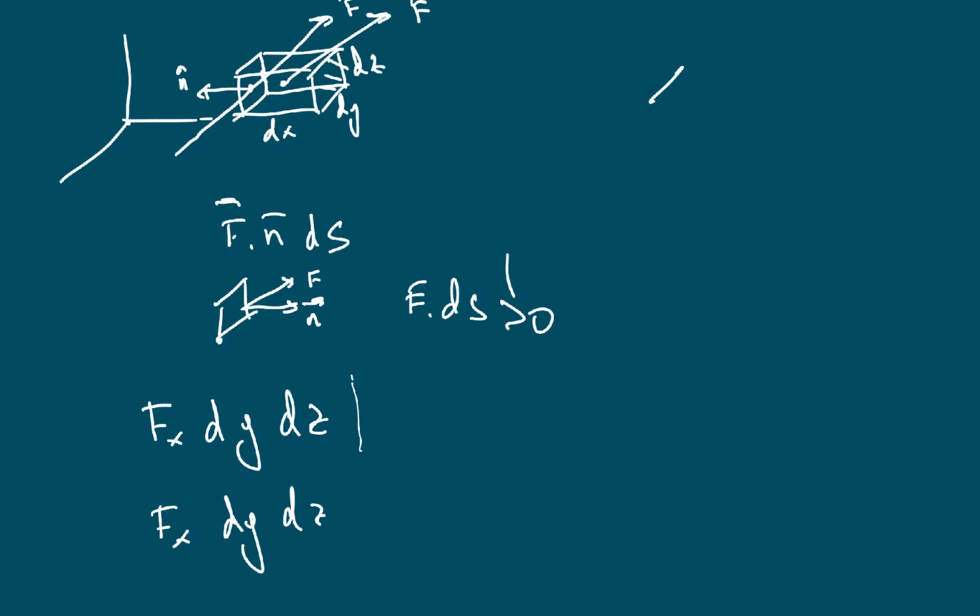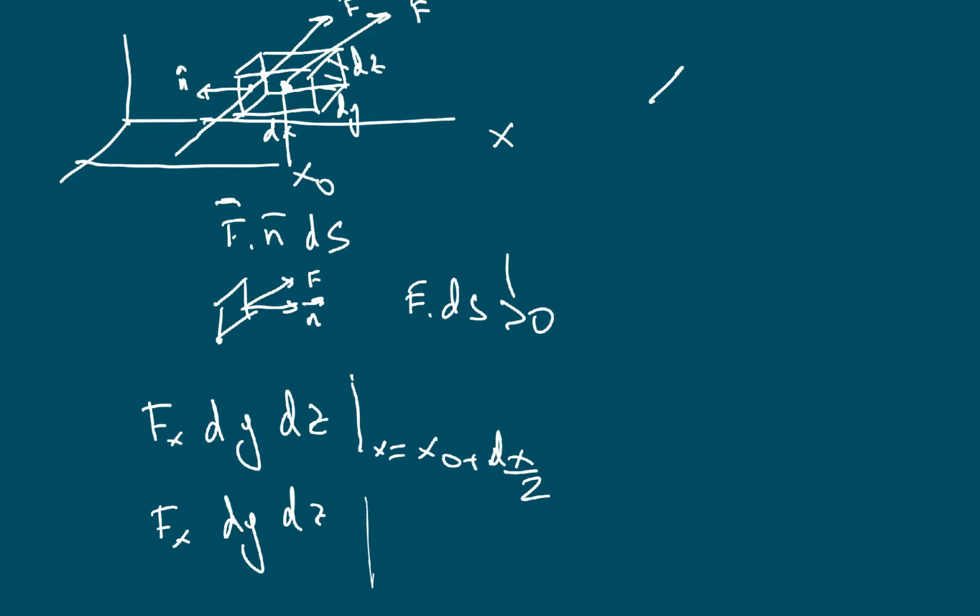So this calculation is made at the point x equal, let's say, x0. So we call this point x0. So this is the x-axis, sorry, x0 plus dx divided by 2. And this is made at the point x equal x0 minus dx divided by 2.